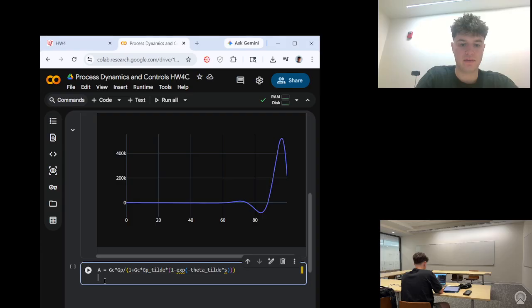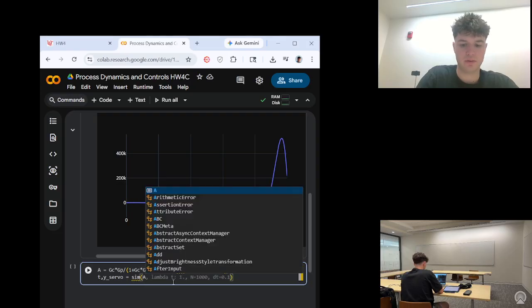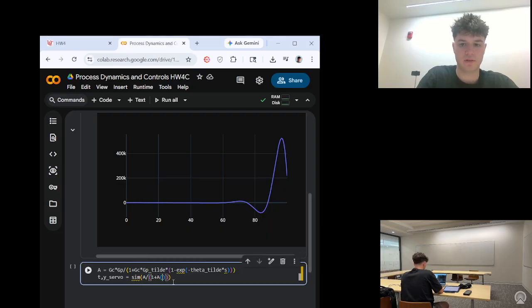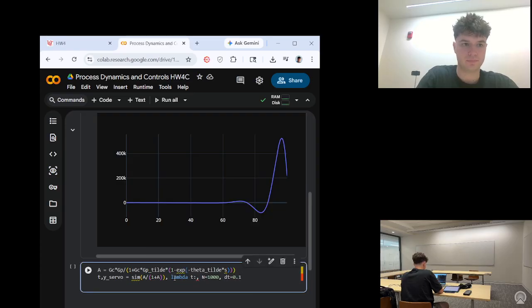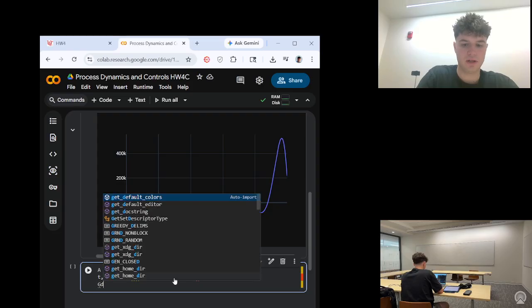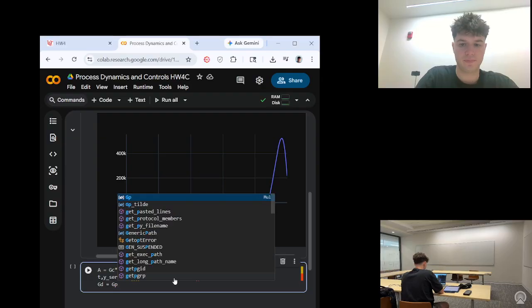And then we have t y underscore servo. That is going to be equal to sim of our alpha value divided by 1 plus alpha, comma, lambda t. And in here we're going to have n equal 1,000. And the derivative of time is going to be equal to 0.1. We want GD to be equal to GP.